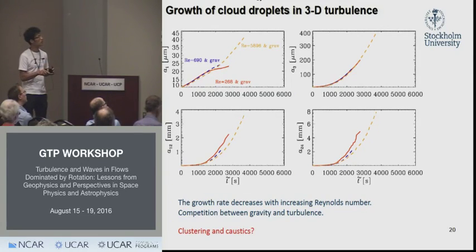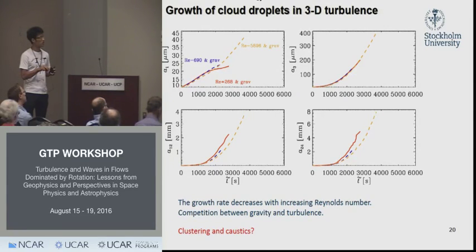So this is quite interesting, because we may intuitively think that if you have a high Reynolds number, you have a higher collision rate. But from our simulation, we see that it is not the case, because there is a competition between gravity and turbulence.